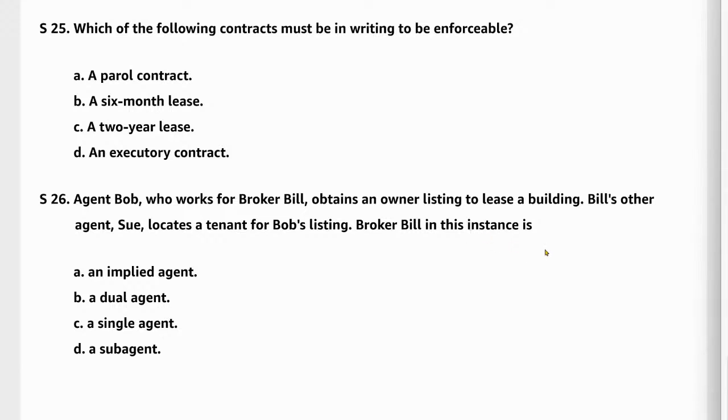Broker Bill in this instance is a dual agent or an intermediary. Dual agency occurs whenever a single broker represents both principal parties to a transaction. Here, since Bob and Sue work for Bill, Bill is the dual agent. In Texas, intermediary.